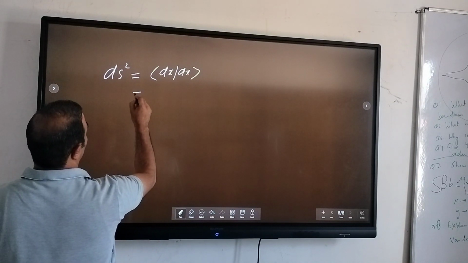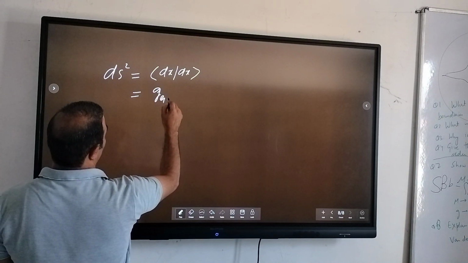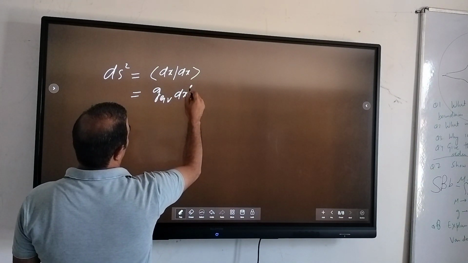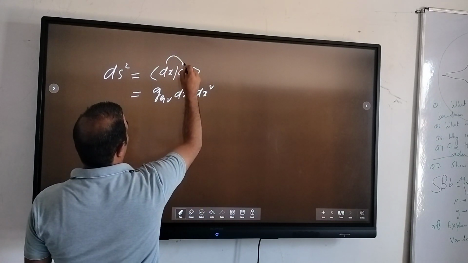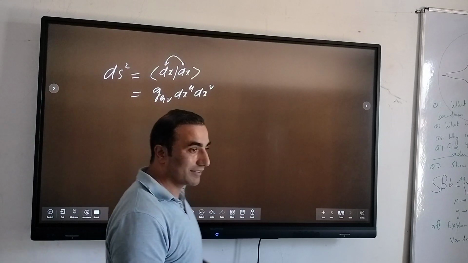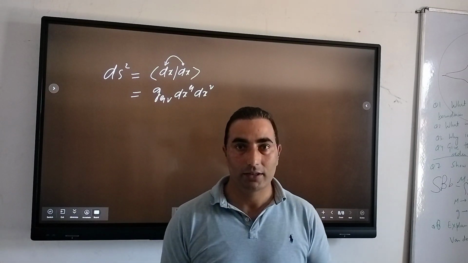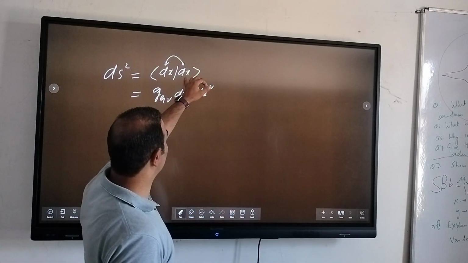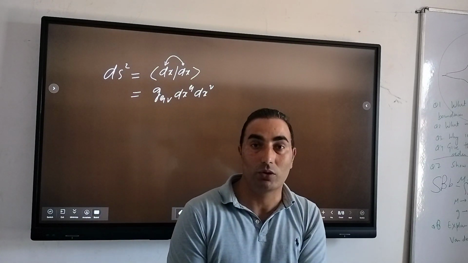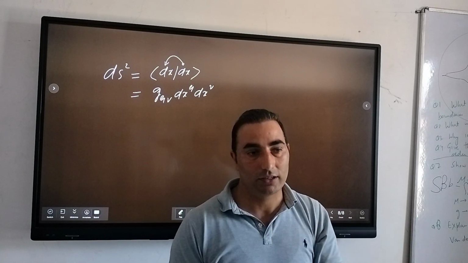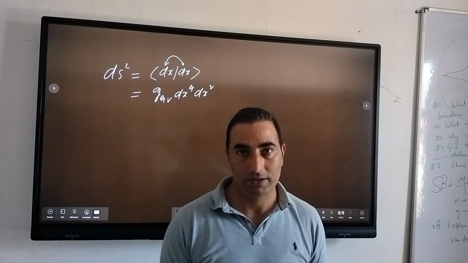Or this is equal to g mu nu, and these are basically duals of each other, right? So this is basically the ket of this dx and this is the bra, so ket and bra are duals of each other, or complex conjugates of each other, right?